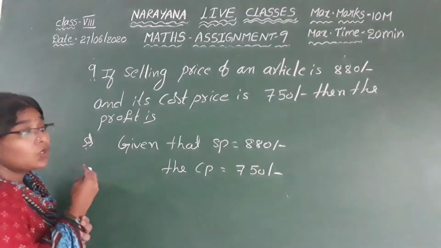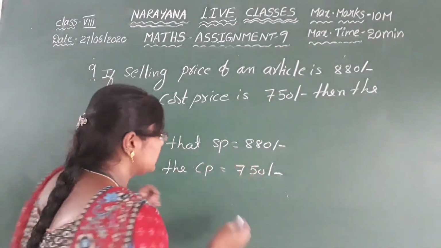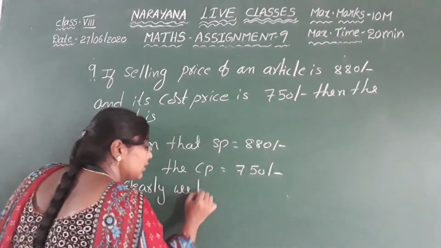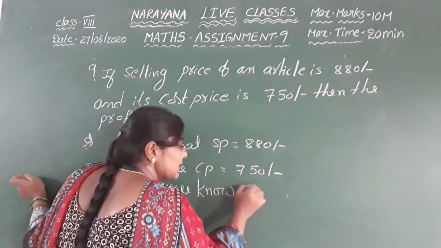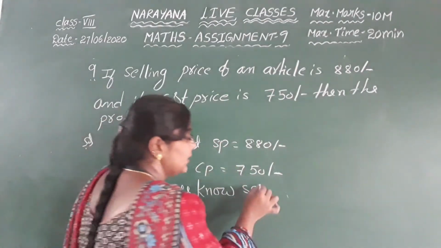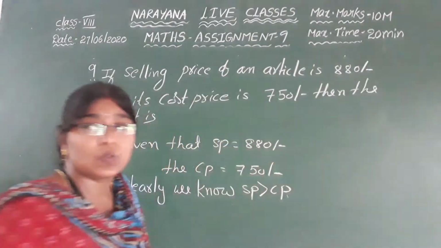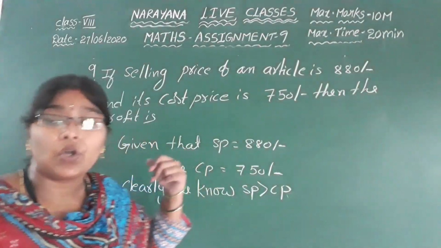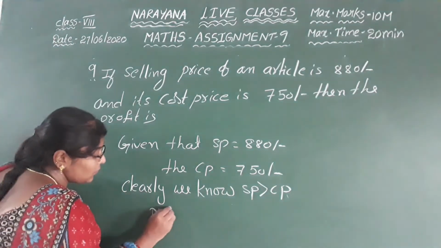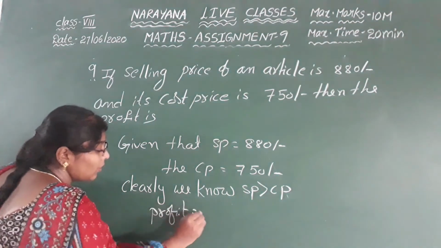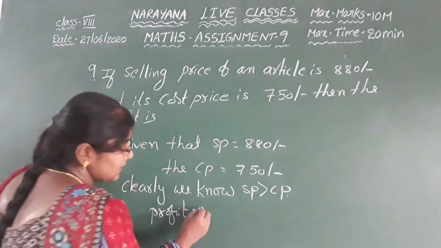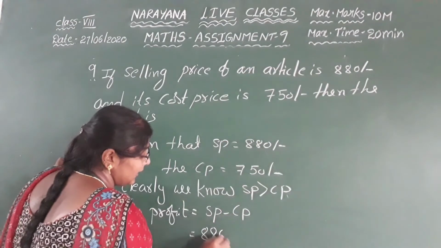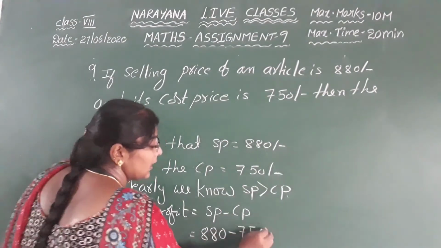So clearly we know here that the selling price is greater than the cost price. So the profit is equal to selling price minus cost price. So selling price 880 minus 750.